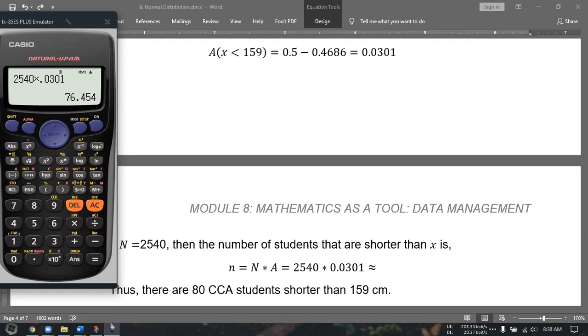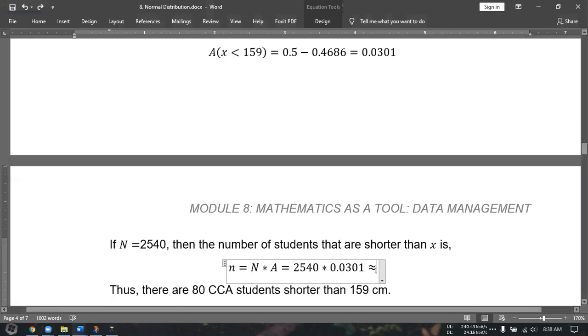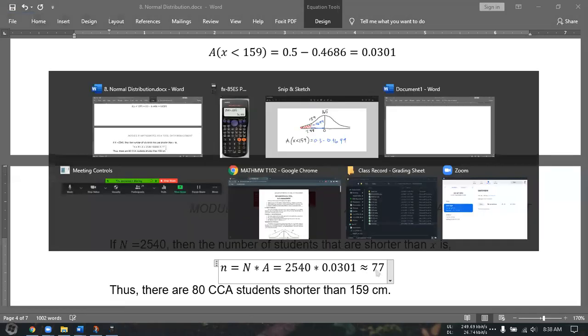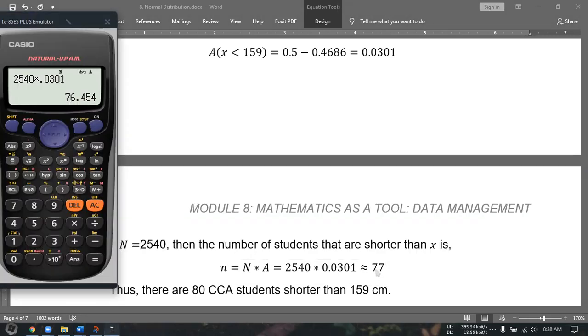So we'll consider that as a complete person. So we have approximately 77. We'll be rounding up, not rounding off. For whatever decimal here, we'll always be rounding up.